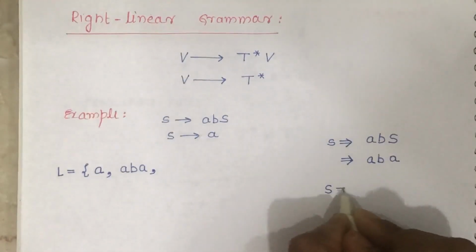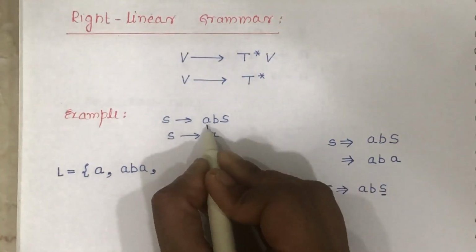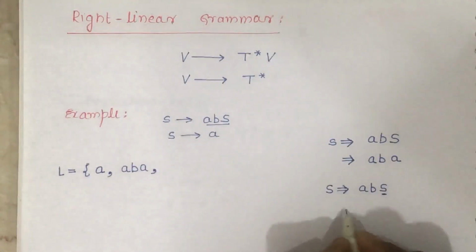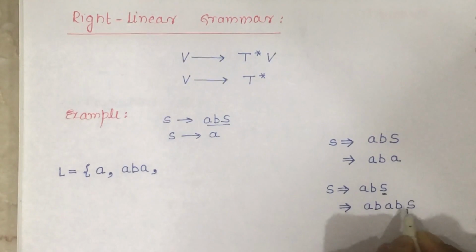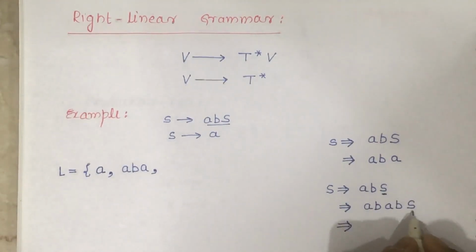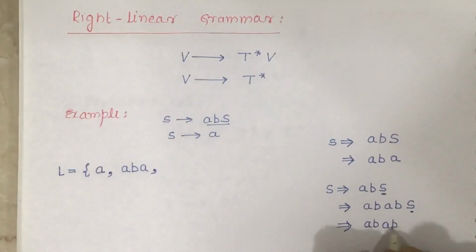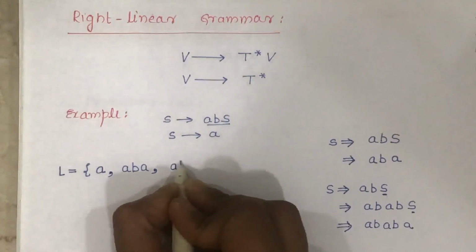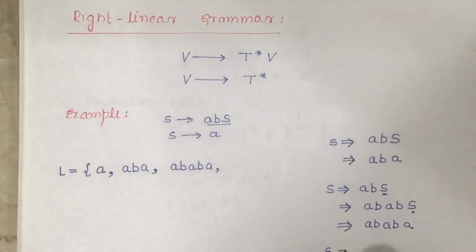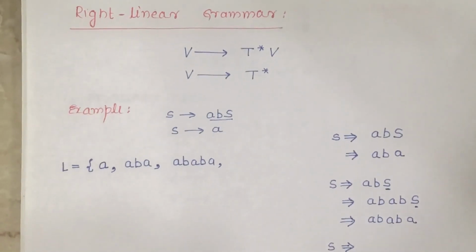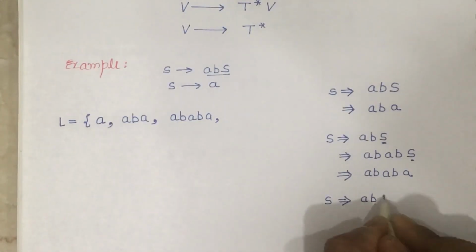Now further we can derive S derives ABS. Now in place of this S, again we can write the first alternate of S. So what we will get, S derives AB and then AB and then S. Now this S can be replaced with the second alternate and then we will get ABABA. So the third possible string can be ABABA. Now further we can obtain the next derivable string S to ABS.